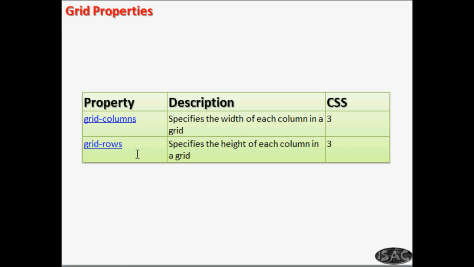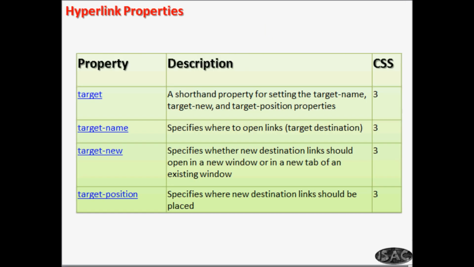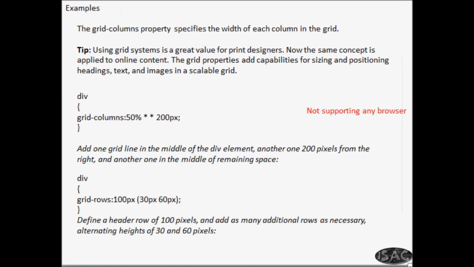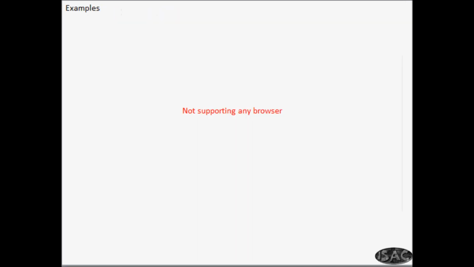The grid properties, grid column and grid rows, again do not have much implementation. In hyperlinks they have introduced target name, target new and target position, but it is still under implementation. I cannot explain anything about this.